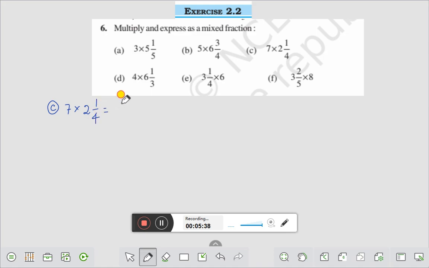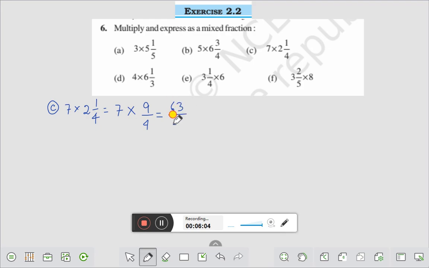That means it is equal to 7 into, here the whole is multiplied with the denominator, that is 4 twos are 8, and add the numerator, 8 plus 1, 9, that is 9 by 4. Therefore, we will multiply 7 with 9, 7 nines are 63.